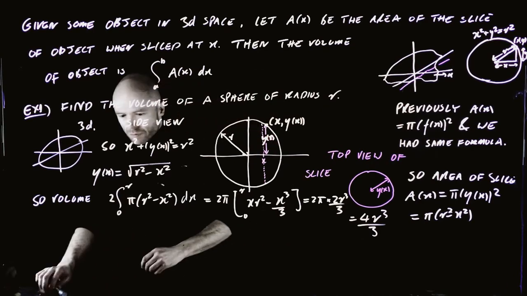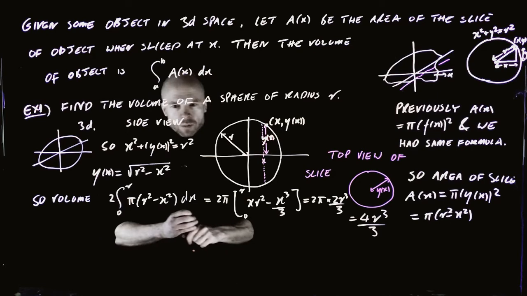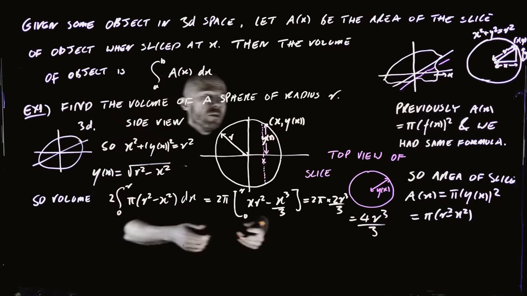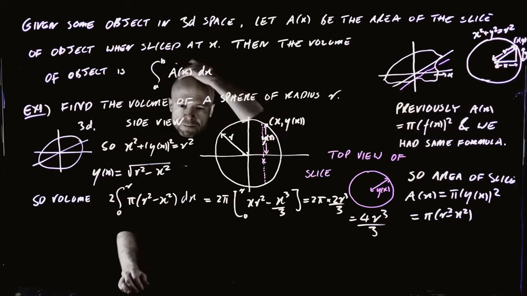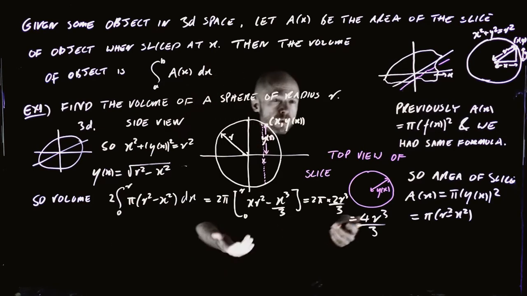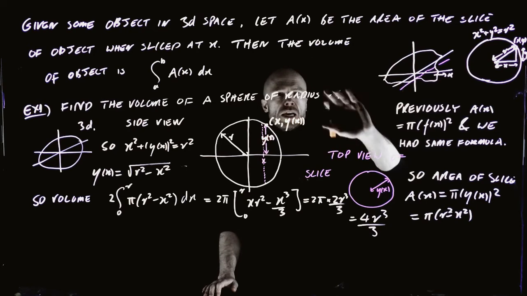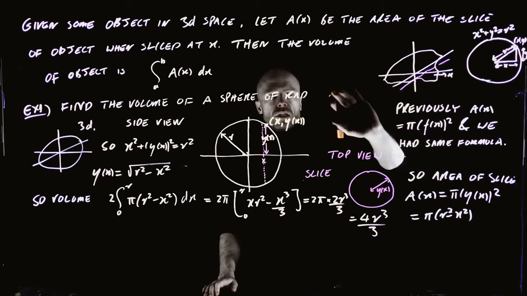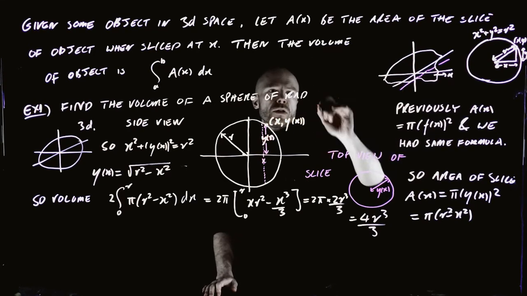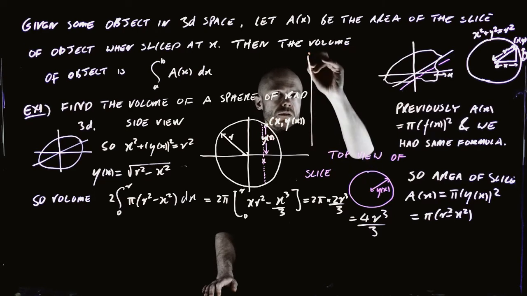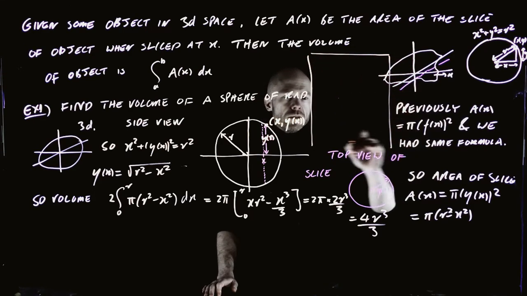Now, let's do at least one more example. So I said briefly what a volume of revolution was before. A volume of revolution is what happens when we take some function and we rotate it around some axis. So typically, or the simplest case would be rotating something around the x-axis, right?